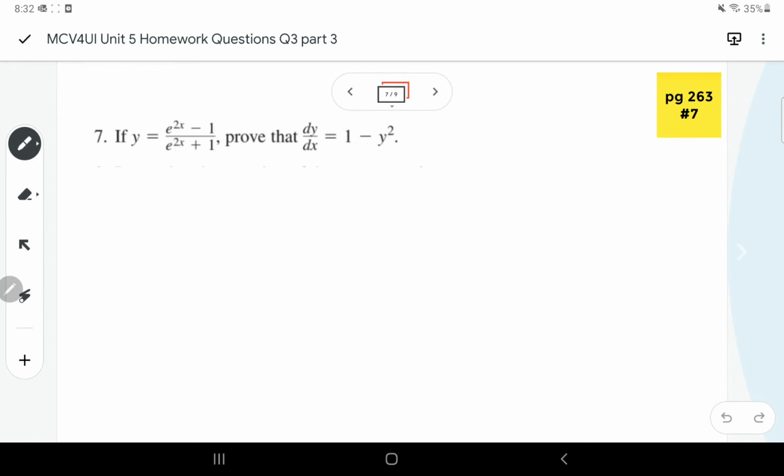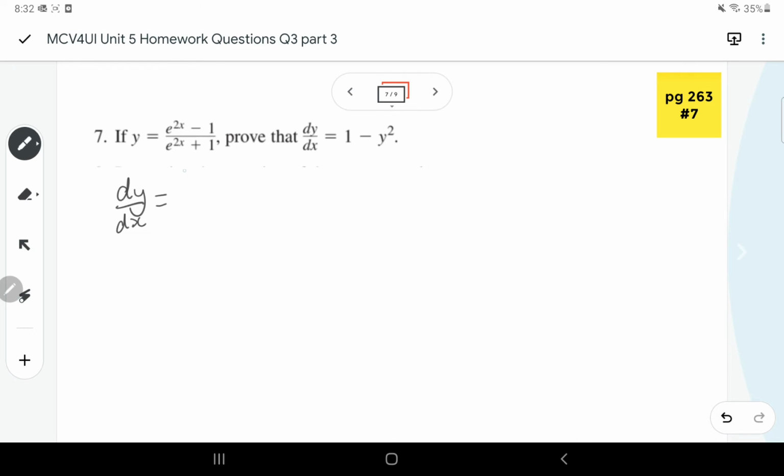This one is a good thinking question, kind of like looking at the relationship between the derivative and the original function. So let's look at what the derivative would be before we try and prove that.